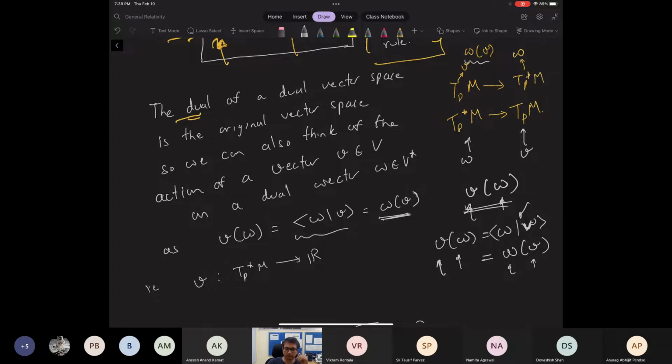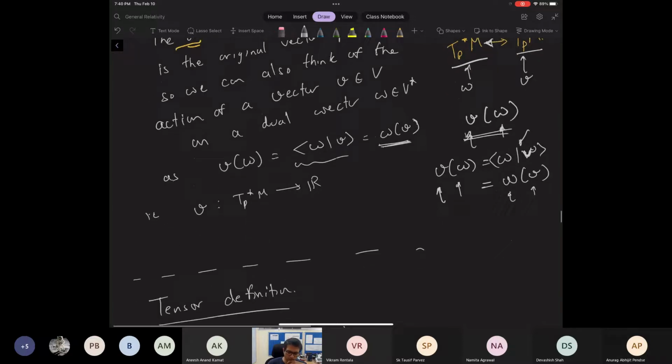Therefore, both these spaces are dual to each other: if T_p*M is the dual of T_pM, then T_pM is also the dual of T_p*M. Instead of thinking of vectors as mapping smooth functions on M to real numbers, you can now think of them as taking a dual vector as an input instead of f, and giving you a real number.